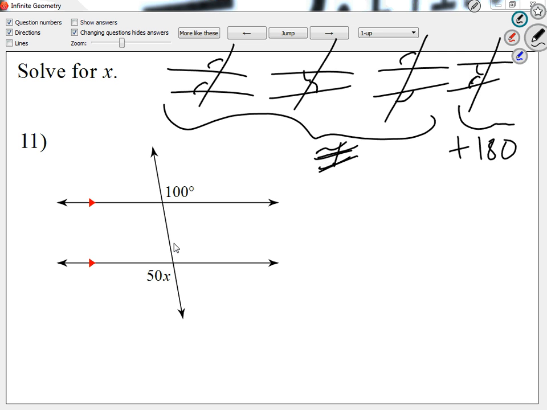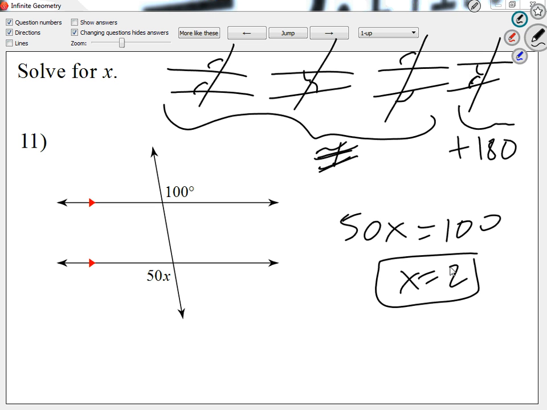Those are alternate exterior, and I know alternate exterior angles equal each other, so I'm just going to write 50x equals 100. So if 50x equals 100, what's x? 20. More like 2, yes. So x equals 2. The values of x for some of them might be negative, so don't forget the sign if it's a negative.